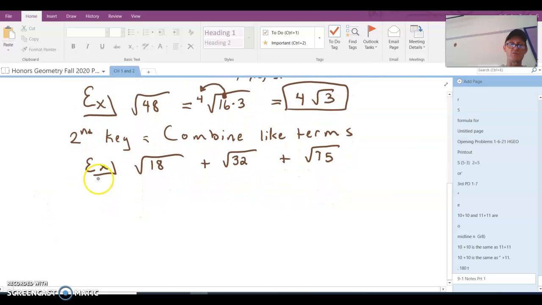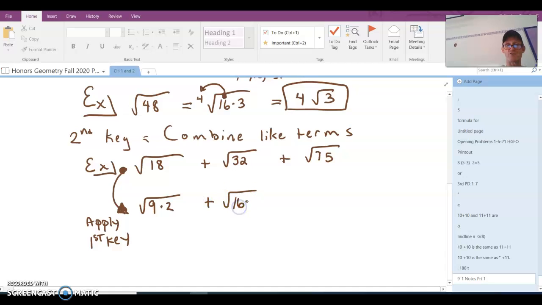And the first thing you do with this problem is apply the first idea. And to apply the first key, you're going to write the square root of 18 as the square root of 9 times 2, because 9 is the largest perfect square factor of 18, plus the square root of 16 times 2, plus the square root of 25 times 3.